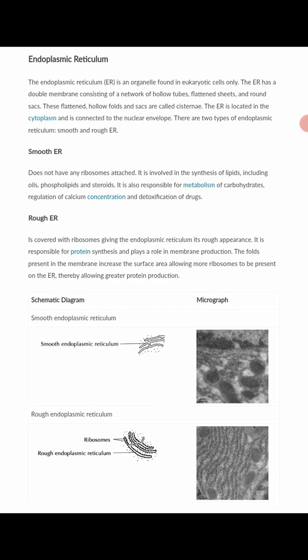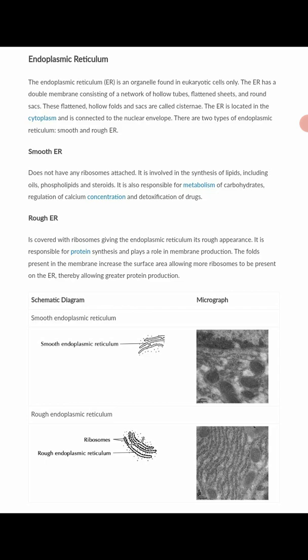So today we're looking at the endoplasmic reticulum. The endoplasmic reticulum is an organelle found in eukaryotic cells only. For some weeks now I've been looking at prokaryotic cells and eukaryotic cells, and I made us understand that prokaryotic cells are cells without a true nucleus, while eukaryotic cells are cells that have a true nucleus.